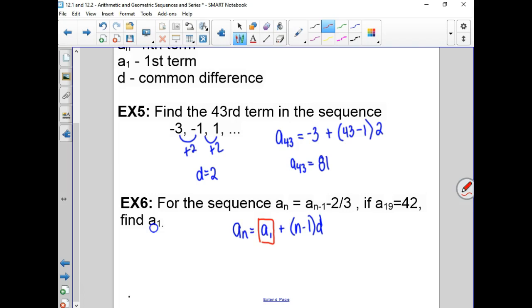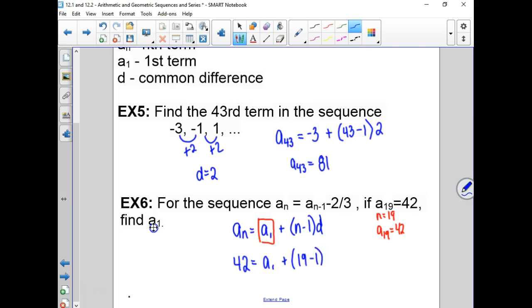Our A sub n here is going to be our 19th term. So that tells me that n equals 19 and A sub 19 equals 42. So I would plug the 42 in here where the A sub n is. I do not know A sub 1. I'm going to leave it here. And my n will be 19. So I have 19 minus 1.